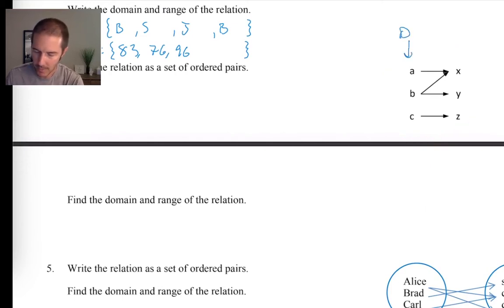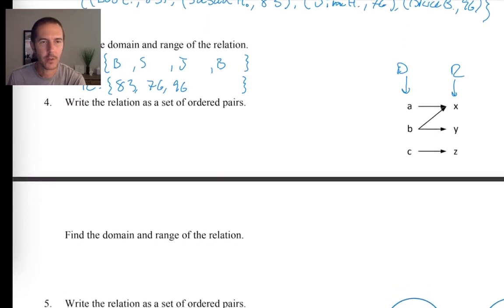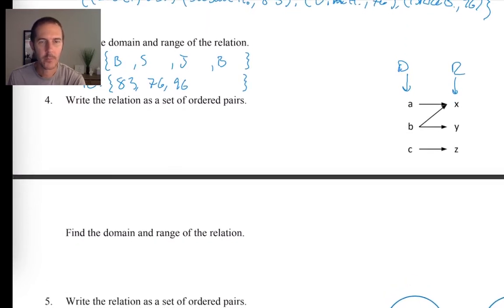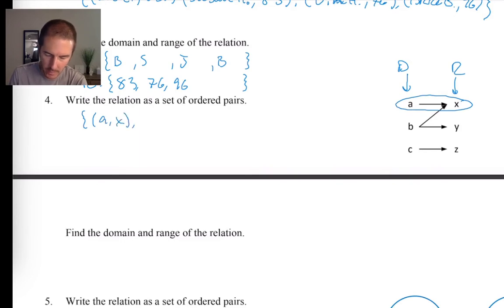These are your domain values, these are the range values, and we're being asked to write this relation as a set of ordered pairs in number 4 here. So here's our set, and here's our first ordered pair. Now A, over here to the right, has an arrow pointing at the x, so I'm going to write A comma x. In my next ordered pair, I see that B is mapping to x.